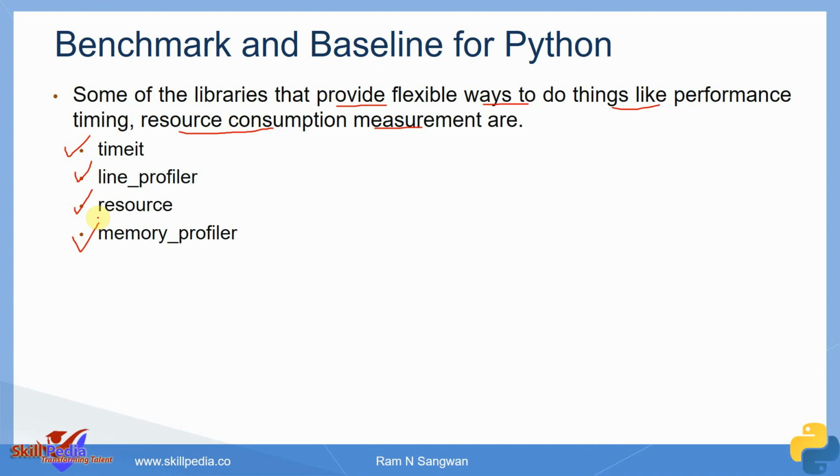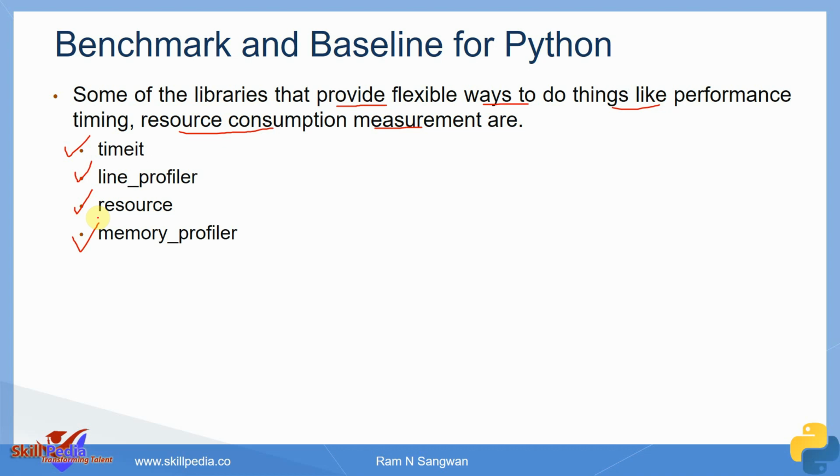As I said, it is just a direction. It is a mindset that I need to use some libraries for benchmarking and for baselining so that my program is best not only in terms of providing solutions, but also there is no side effect and performance wise it is best.